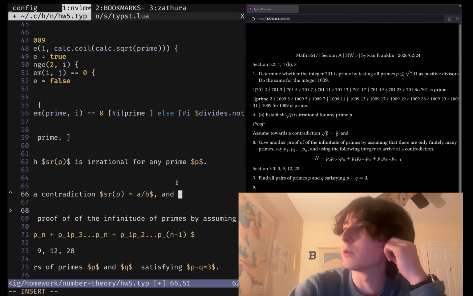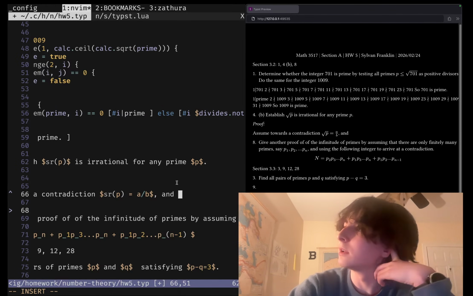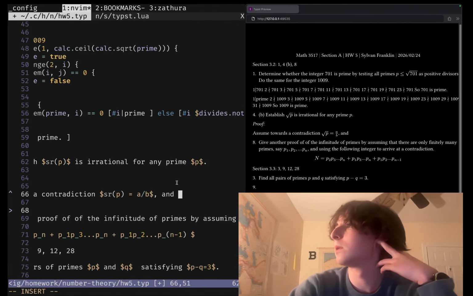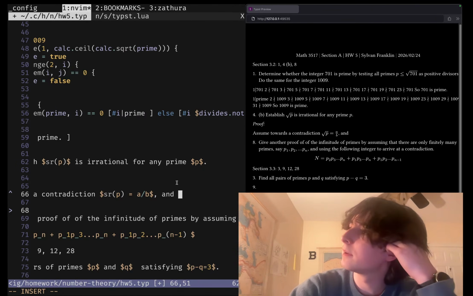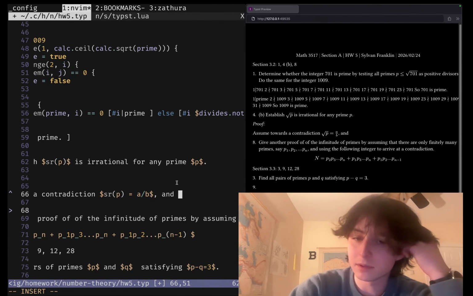Then we square both sides, get a squared equals b squared p.